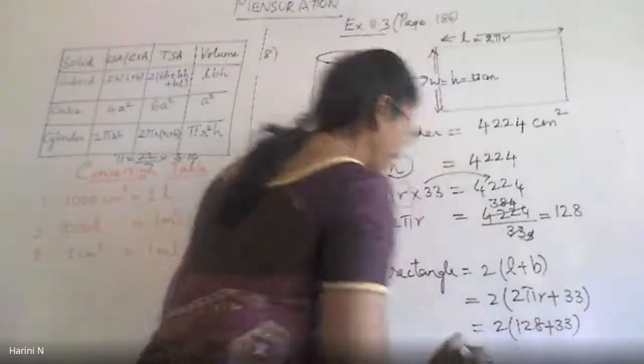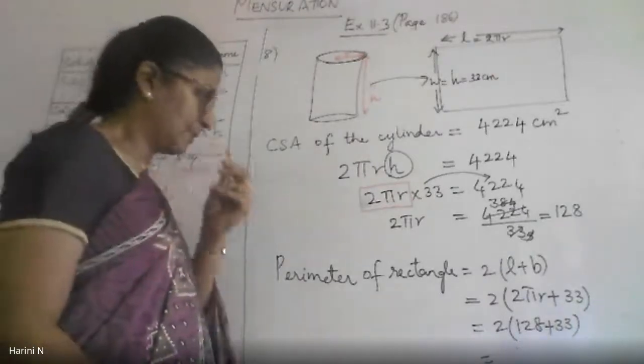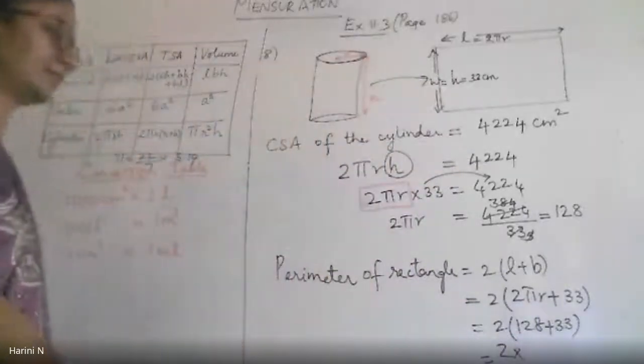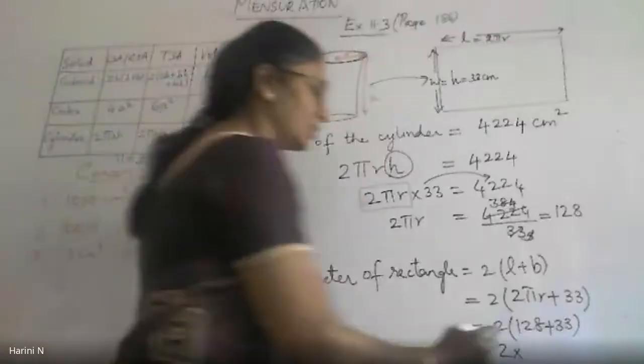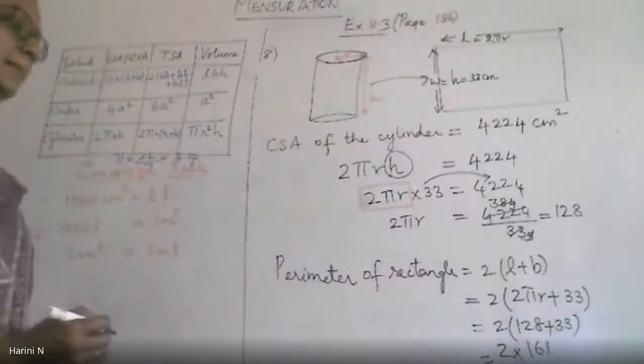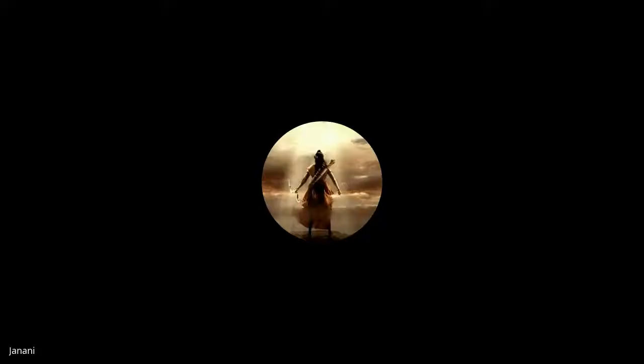What is 128 plus 33? Add fast. 2 times 128 plus 33. 161. Yes, 161. Multiply it with 2. 322. Yes. So 322 what?